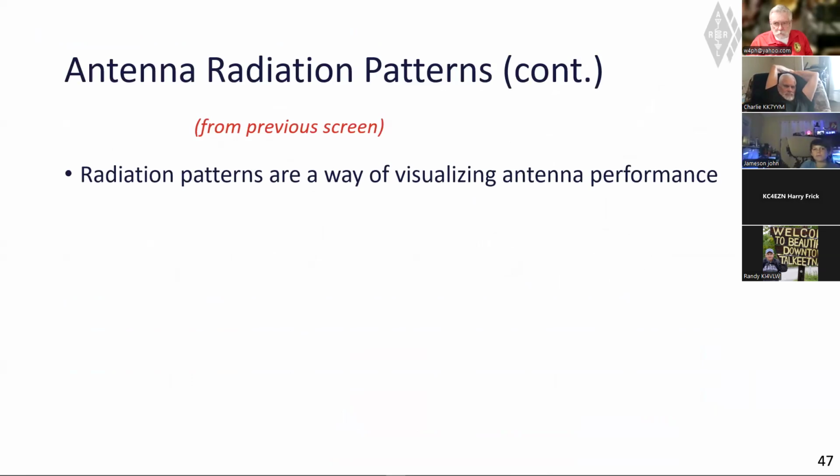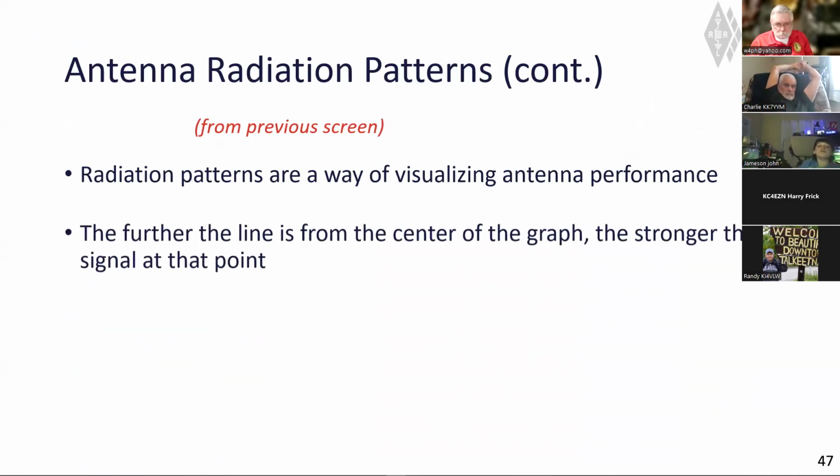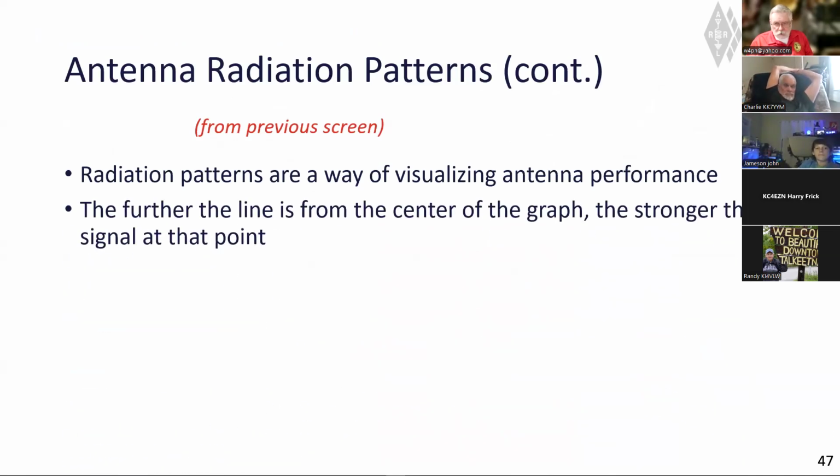Radiation patterns are a way of visualizing antenna performance. The further the line is from the center of the graph, the stronger the signal at that point. Graphs are calibrated in decibels. Decibels are logarithmic terms mathematically.